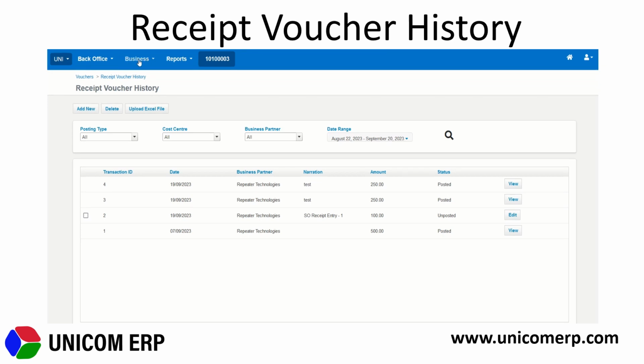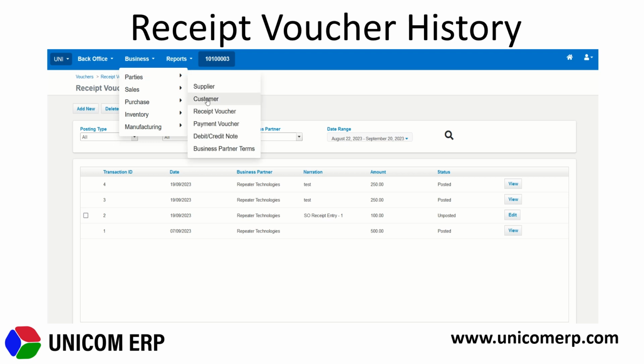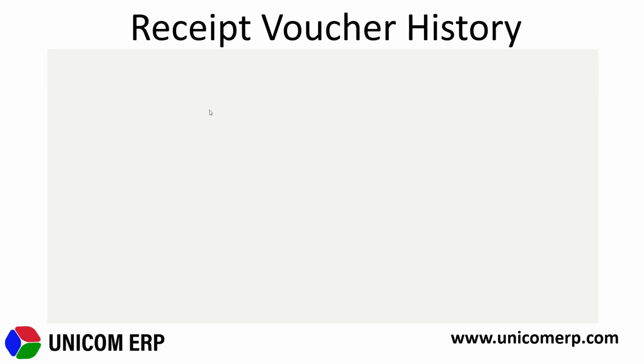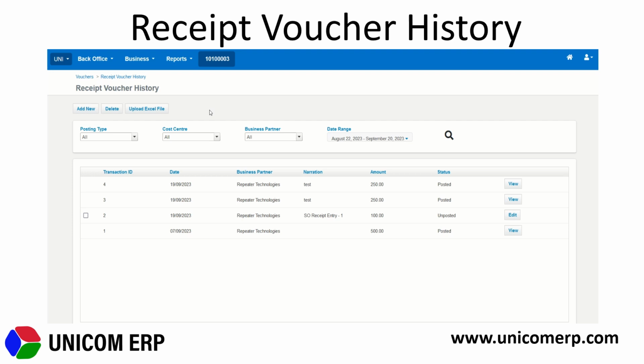To access the module, navigate to the Business menu and select Parties. Then, choose Receipt Voucher from the options. This will display the Receipt Voucher History screen. This screen allows you to view and manage your history records. You can use the Delete button to remove a selected record, or the Upload Excel file button to import data from a spreadsheet.